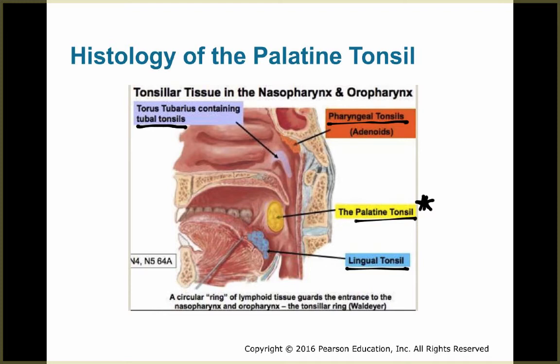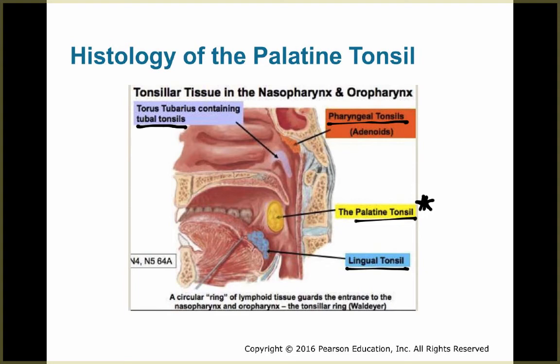And it's at the posterior end of the oral cavity. The lingual, you can think language, is at the base of the tongue. The pharyngeal, also known as the adenoids, are located at the posterior wall of the nasopharynx. And the tubal tonsils basically surround the openings of the auditory tubes into the pharynx.